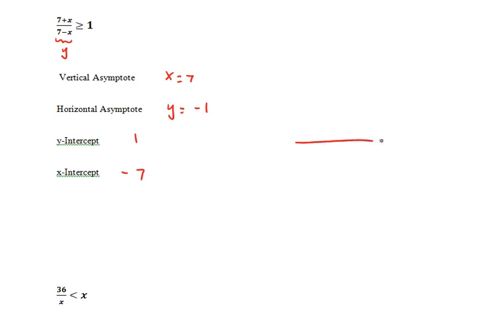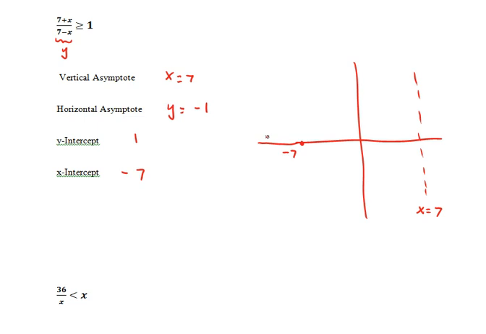So drawing in x equals 7 and the point negative 7, 0.